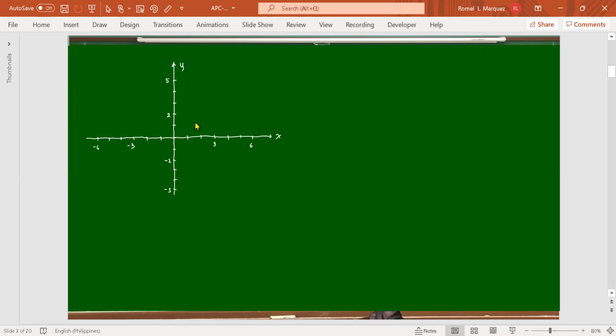When x is to the left of -2, we have y equals -4. So 1, 2, 3, 4. To the left of -2 is here. Am I right, guys? Yes.